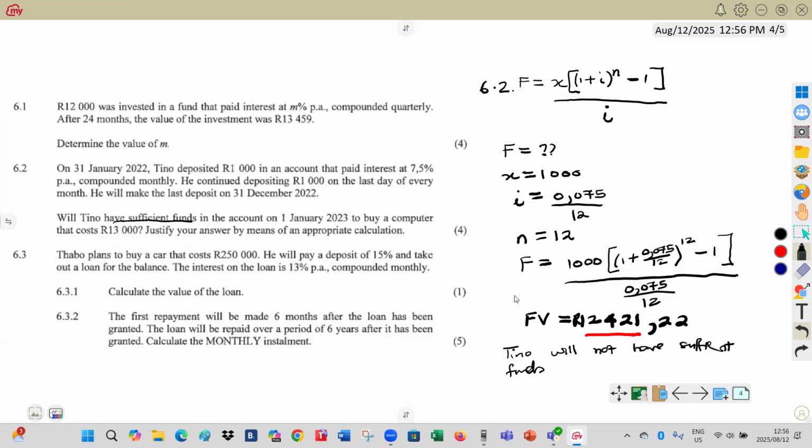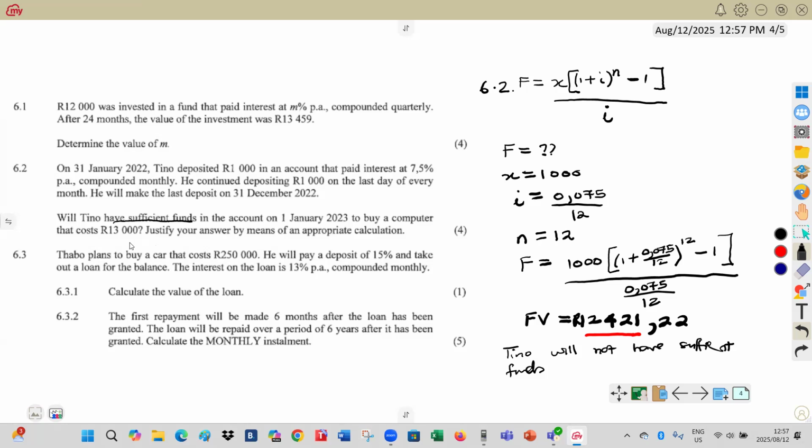Because the amount that would have been raised is 12,421. So take note there. This question, as in will he have, the answer is that he will not have. Then justify your answer by means of an appropriate calculation. This is the calculation. So Tino will not have sufficient funds because he only managed to raise that amount.